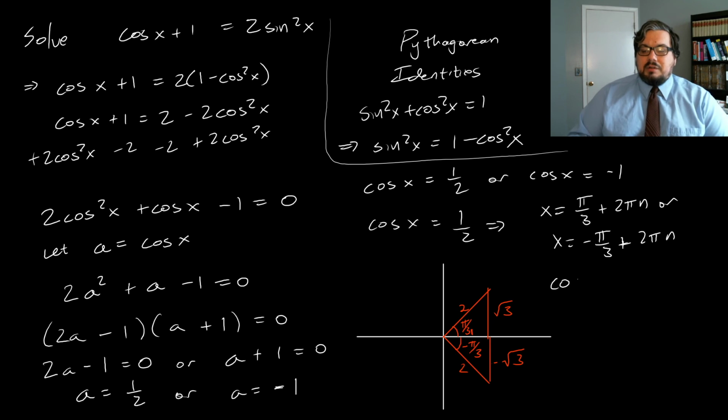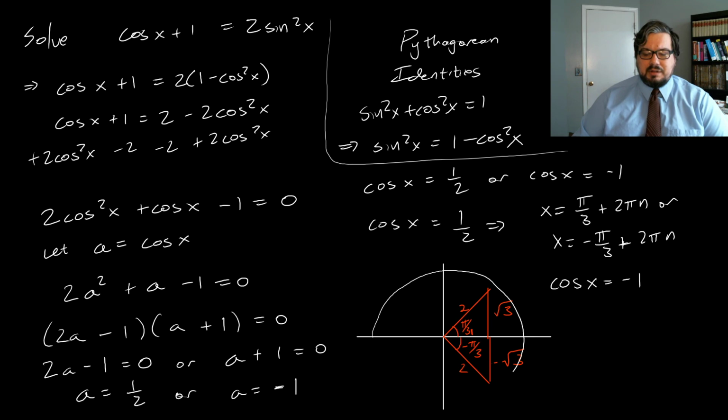And now for the other possibility, for cosine x equals negative 1. For values of the trig functions that are 0, 1, or -1, we don't typically draw a triangle. We think of things in terms of the unit circle.